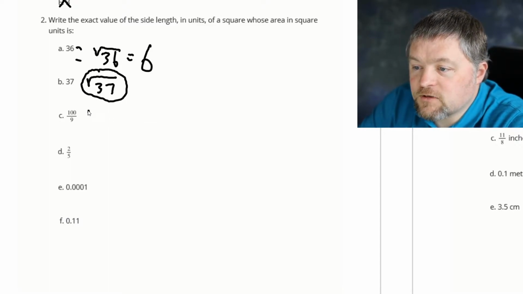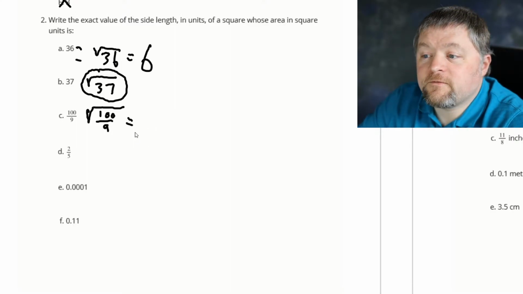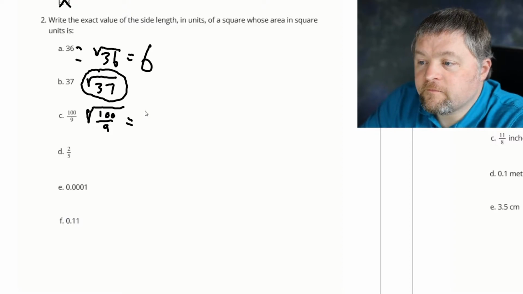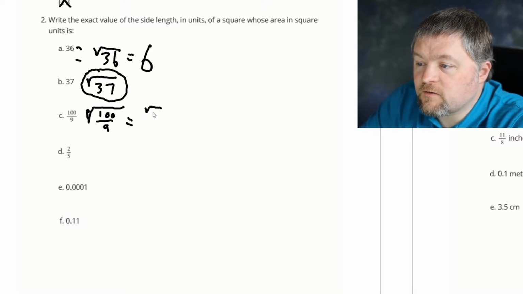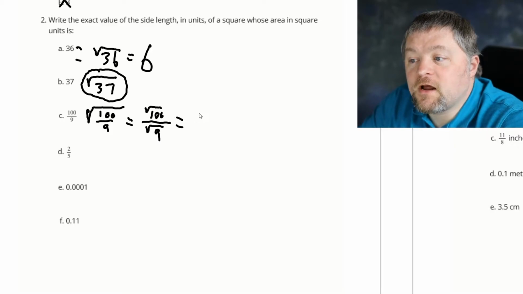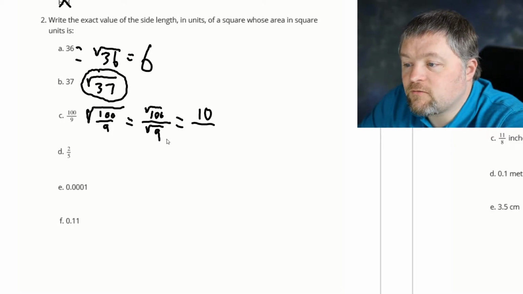Now our next one, the square root of 100 over 9. If we have a fraction that we are taking the square root of, we can take the square root of the numerator and denominator. And the square root of 100 is 10. The square root of 9 is 3.